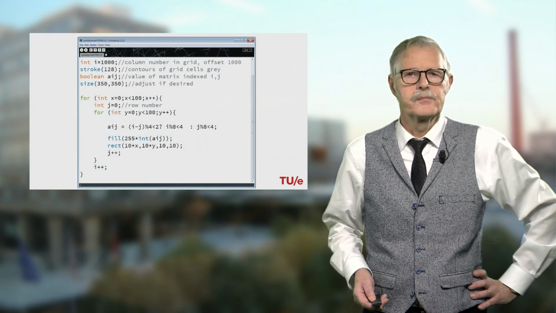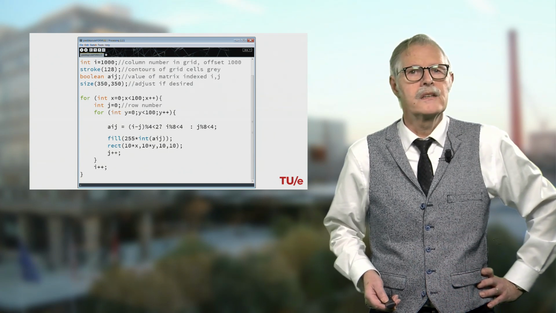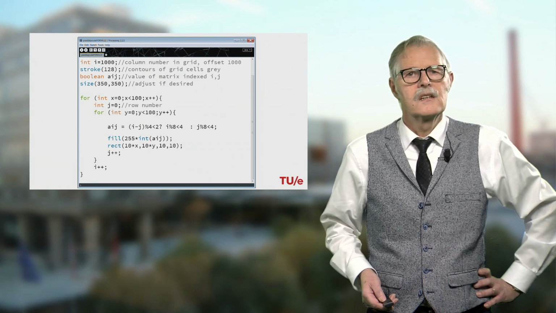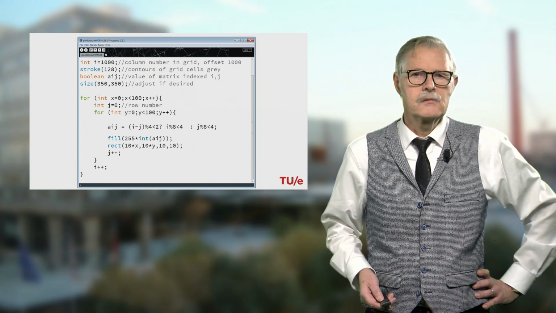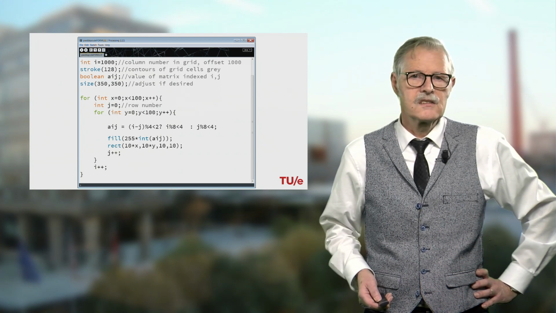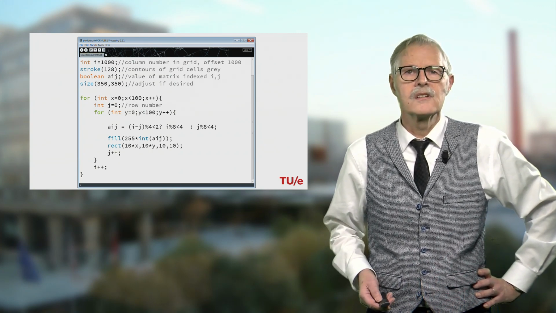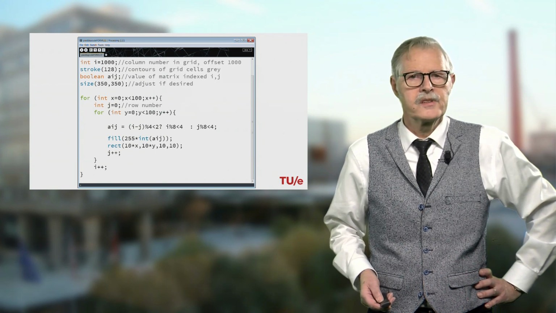Here you see the program. So we have counters, i running horizontally, counting columns, j running vertically, counting rows. We initialize at i being 1000, so that avoids taking the modulo of negative numbers.